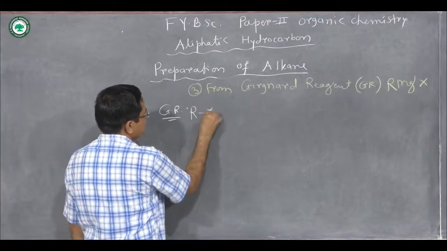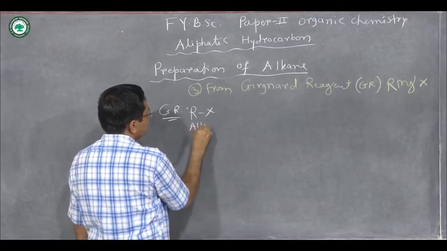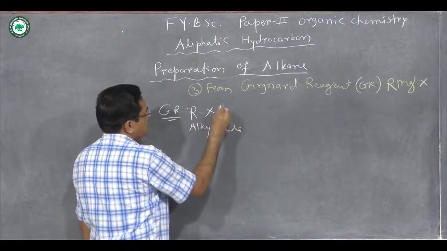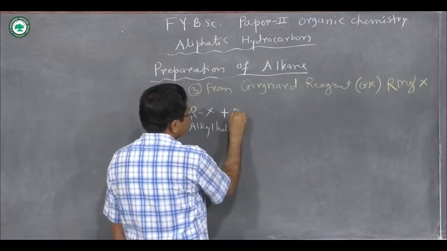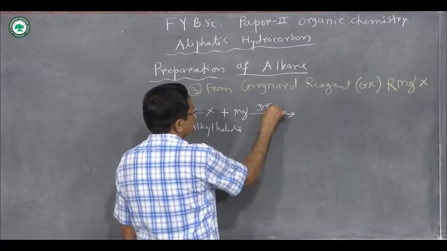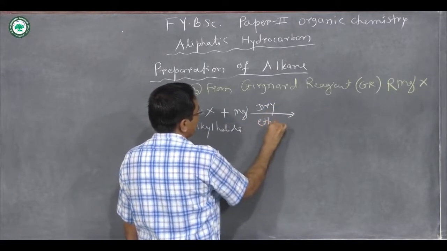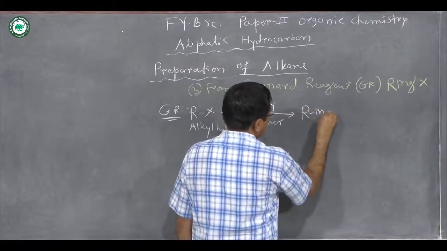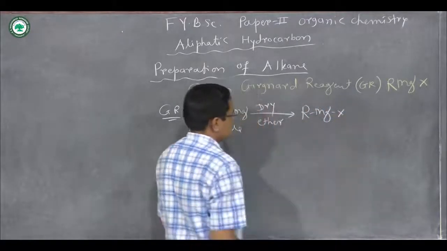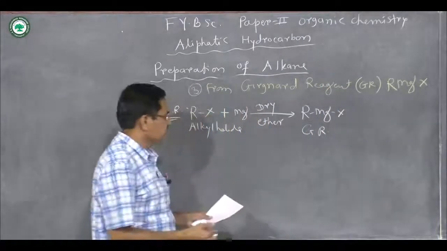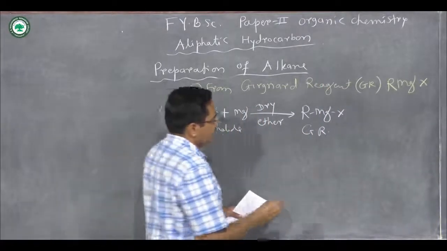RX, this is alkyl halide, plus Mg in dry ether gives RMgX. This is Grignard reagent.